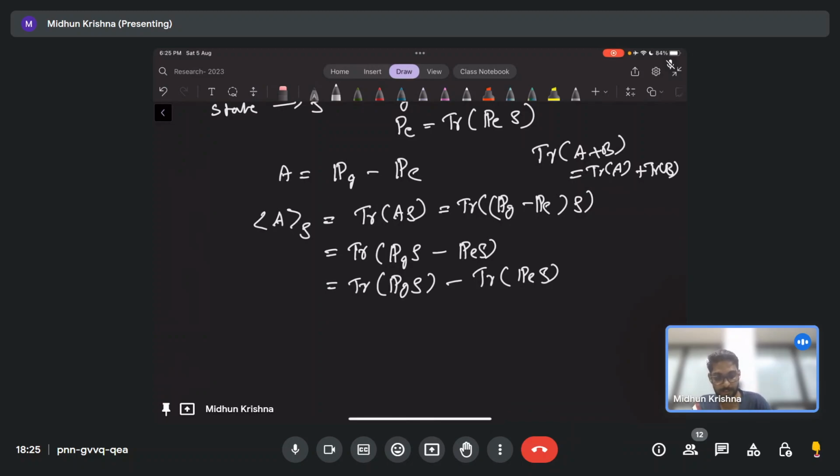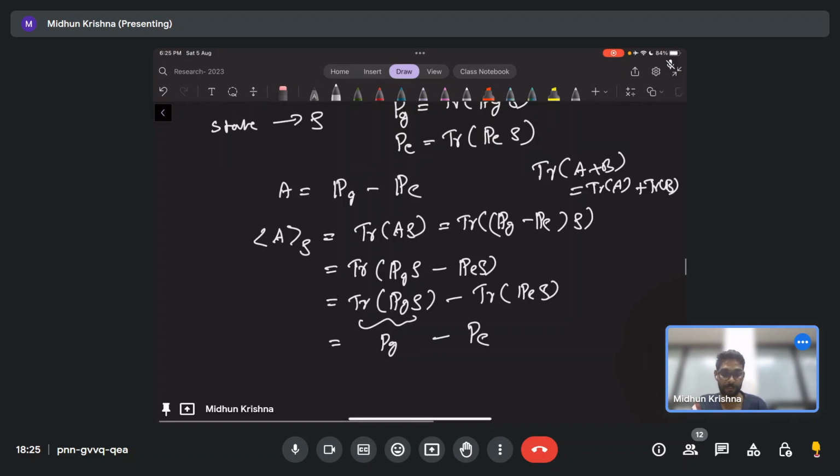Right? So the first quantity is the probability to be, from the mathematics we know, the expectation of the projection operator. This is what we defined as PG and this is PE.